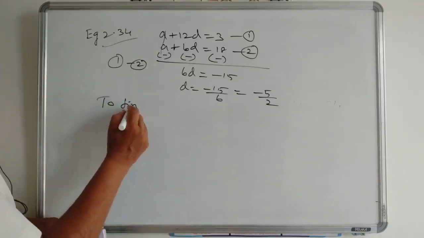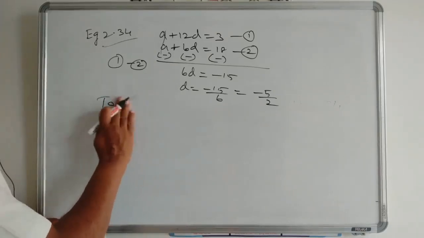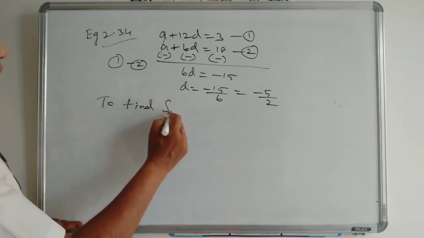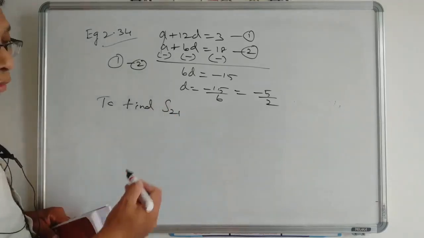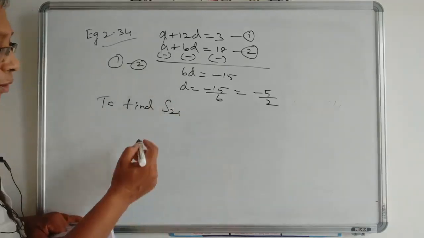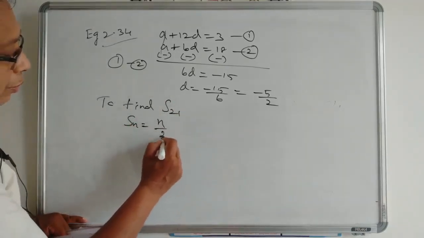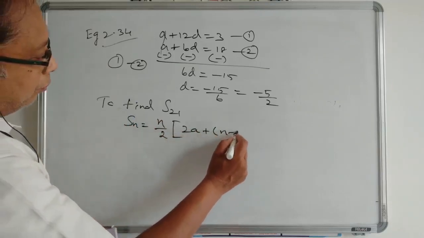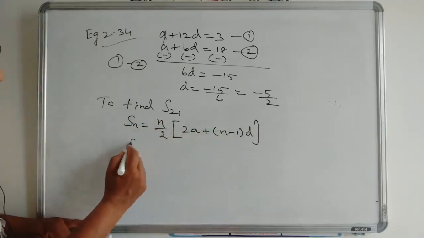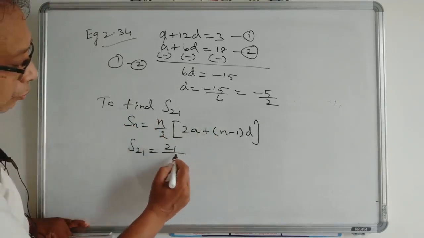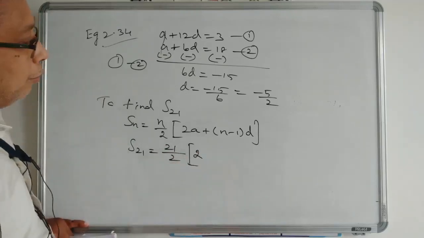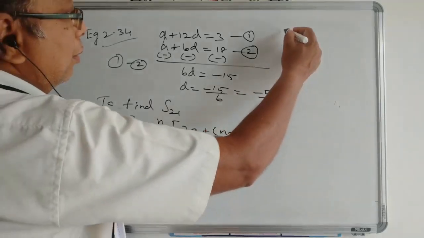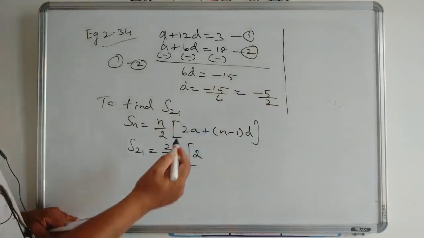Next, to find the sum of the 21 terms. The d is given, therefore using the second formula, Sn equals n by 2 into 2a plus n minus 1 into d. The n place you write 21, 21 by 2. a we do not know, therefore find it first.